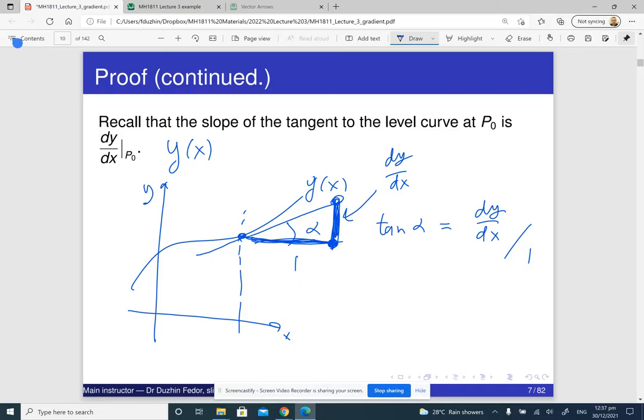At the same time, we can rewrite the equation of this tangent line as y equals this dy/dx times (x minus the given point x0) plus y0, right?